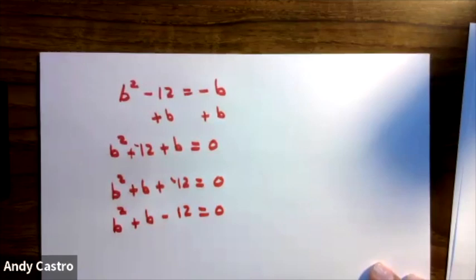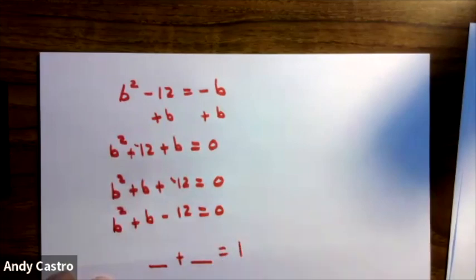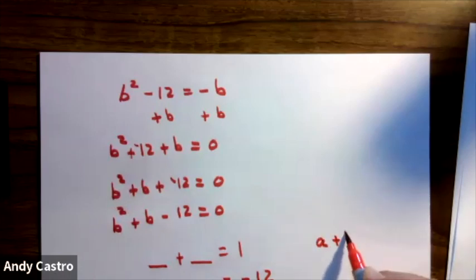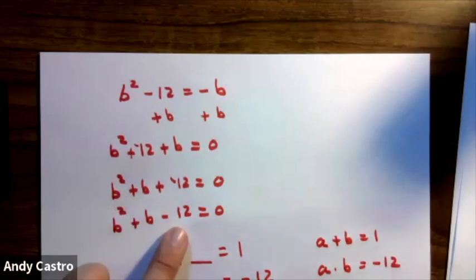So two things that are going to multiply to give me negative 12, but add to give me 1. They're going to add to give me a positive 1, and they're going to multiply together to give me a negative 12. And it doesn't matter if I do it like this or if I show it like this, right? It's the same thing. Okay, so 12 can be 4 and 3.